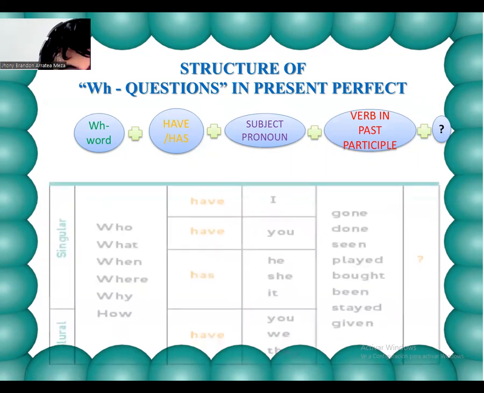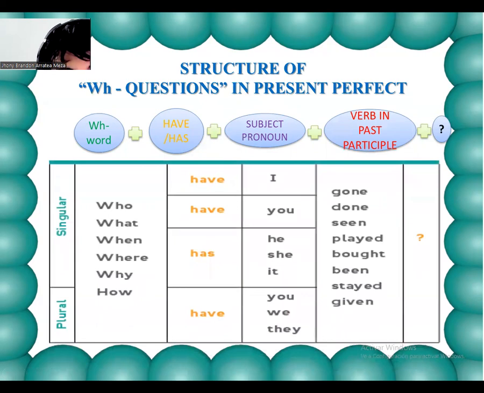Let's see this box. Well, in this box, we can see some examples of them. For example, in the double H word, we have who, quién, what, qué, when, cuándo, where, dónde, why, por qué, and how, cómo.